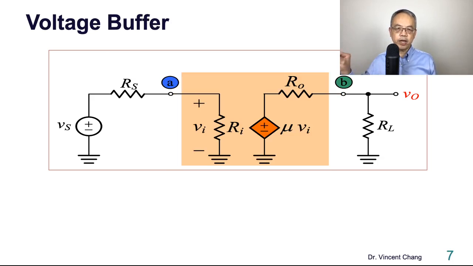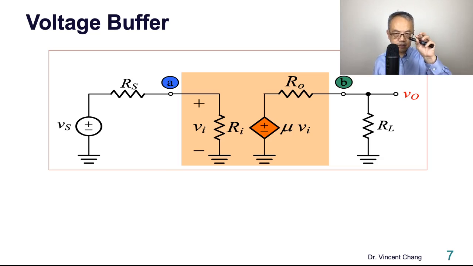The second way of doing this is to introduce a voltage buffer. So let's plug in a voltage buffer between point A and point B, the orange block. Ri stands for the input resistance of the buffer. Ro stands for the output resistance of the buffer.